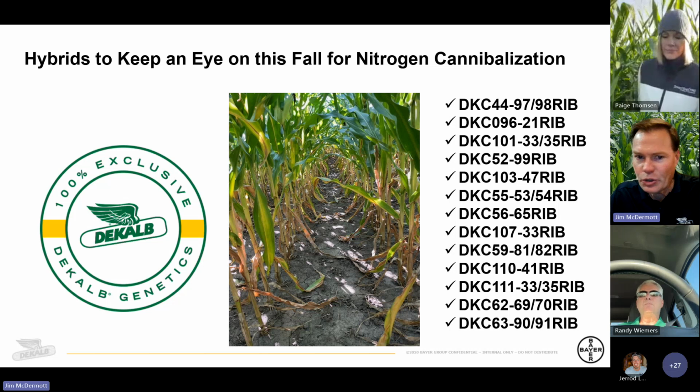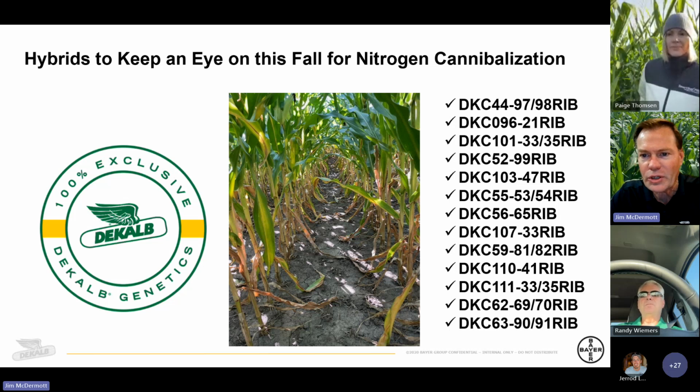Some of it's drought-induced nitrogen deficiency as well, but there are a lot of fields where we're starting to cannibalize. If we're running out of nitrogen, we're going to take what we have in the stalk and the leaves and feed it into that ear. So this list is the hybrids to keep an eye on for those situations.